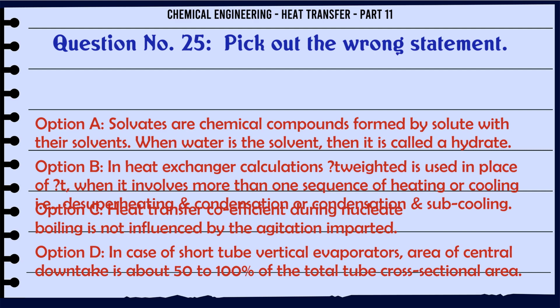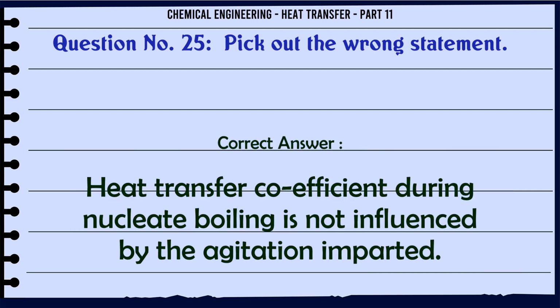C. Heat transfer coefficient during nucleate boiling is not influenced by the agitation imparted. D. In case of short tube vertical evaporators, area of central downtake is about 50 to 100% of the total tube cross-sectional area. The correct answer is heat transfer coefficient during nucleate boiling is not influenced by the agitation imparted.